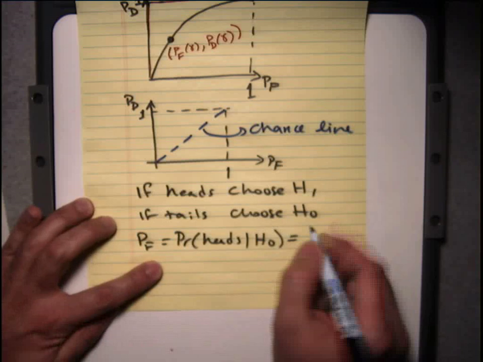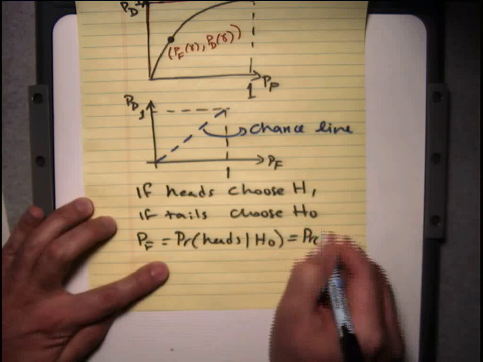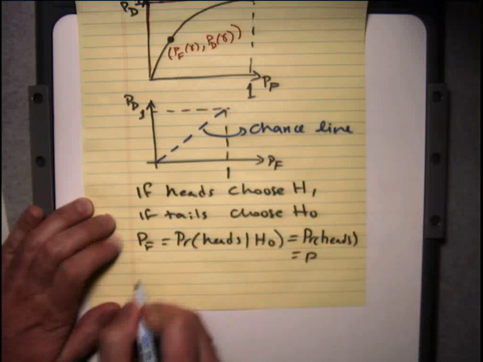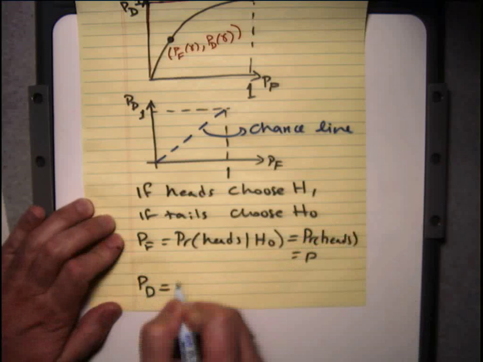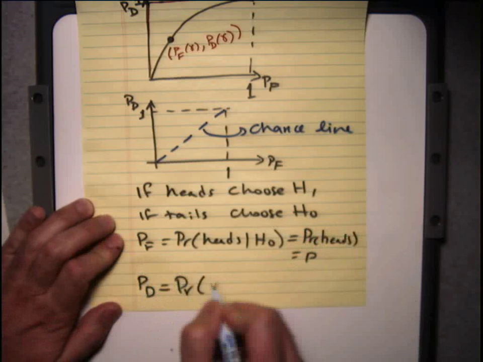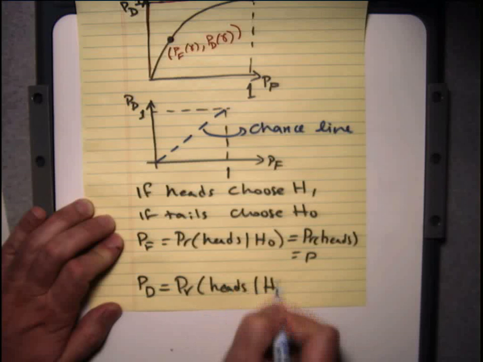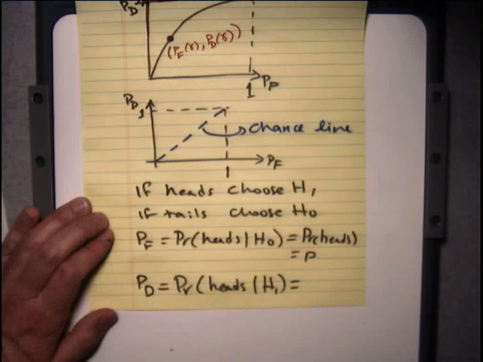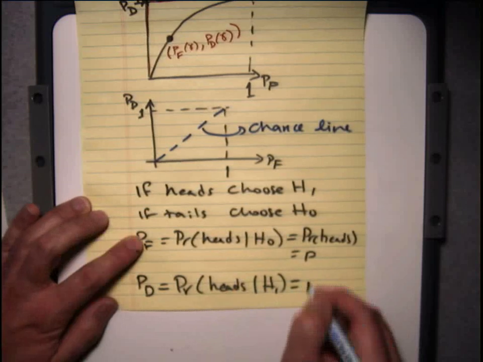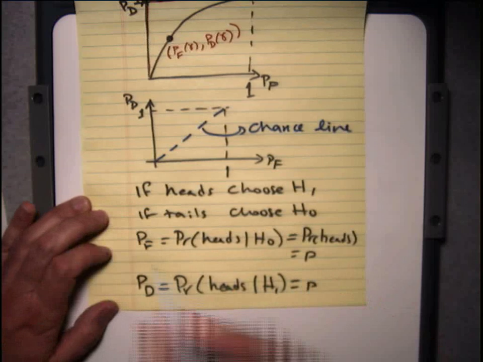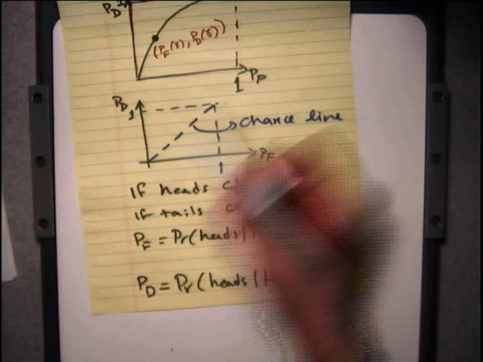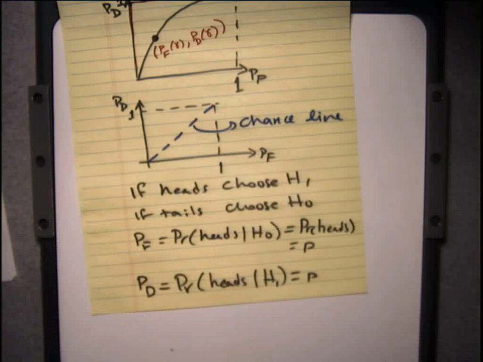So this is just the probability of heads, which we can call P. PD is probability of getting heads given H1. And what's that? Again, same thing. The tossing of the coin has nothing to do with whether H1 or H0 is true. So that's also P. So what happens? PF and PD are always P. So they're equal to each other. Therefore, they're on a line of 45-degree angle. Okay.